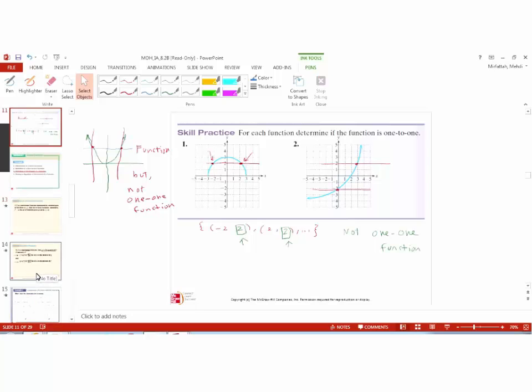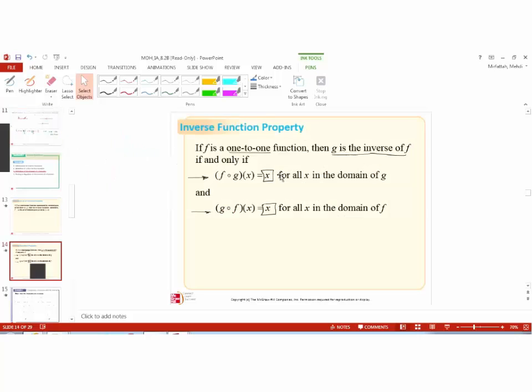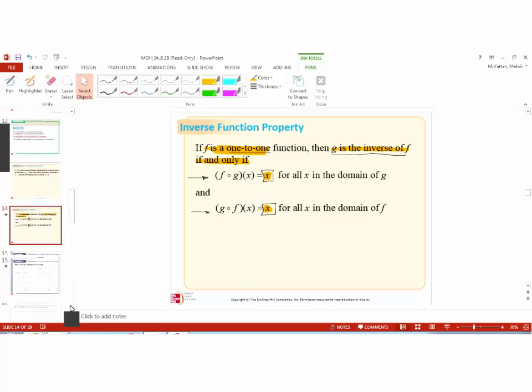In order for two functions to be inverses of each other, there has to be a one-to-one function first of all. So if f is a one-to-one function, meaning it passed that horizontal test, then g of x is the inverse of f if and only if f of g of x and g of f of x turn out to be x. Not the same number, it has to be exactly x in order to be inverses of each other.